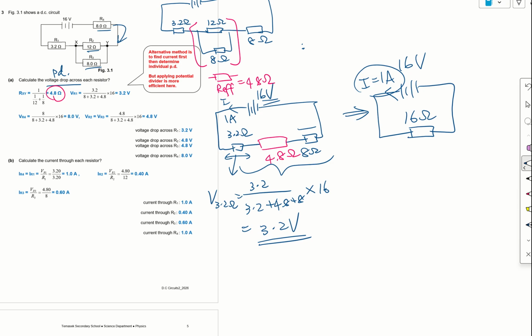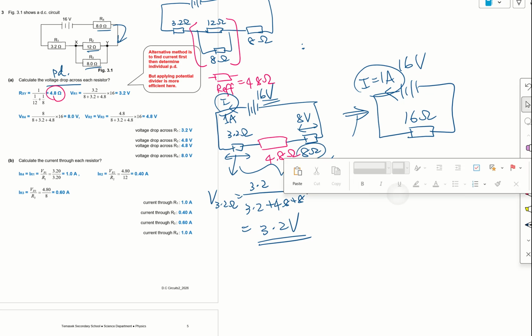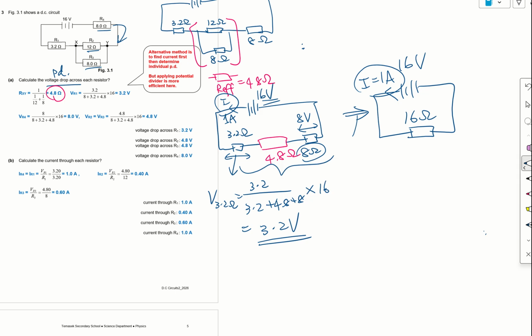For this will be 8 volts because it is 1 ampere passing throughout the whole circuit, because in series the current is the same. So V equals IR. The I is 1 ampere. The resistance is 8 ohms, so it will be 8 volts. And similarly this will be 4.8 volts.